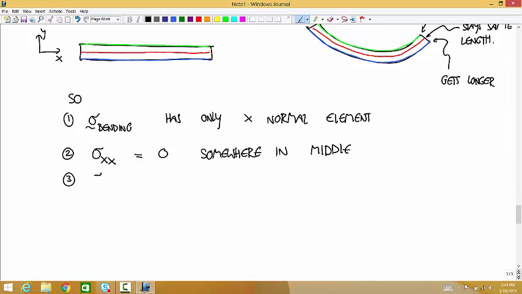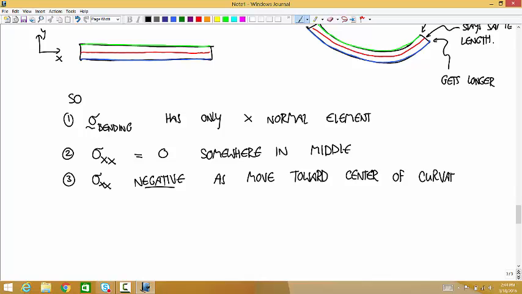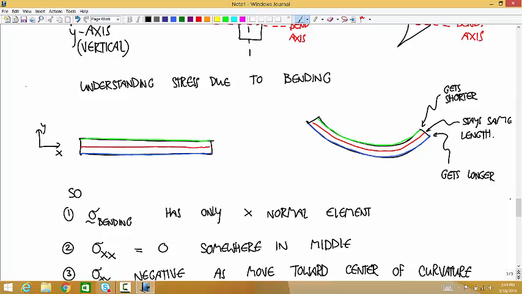Third, the XX stress is negative as you move towards the center of curvature. You know what I mean by that? Can you picture that? Yeah, the green one in this case.